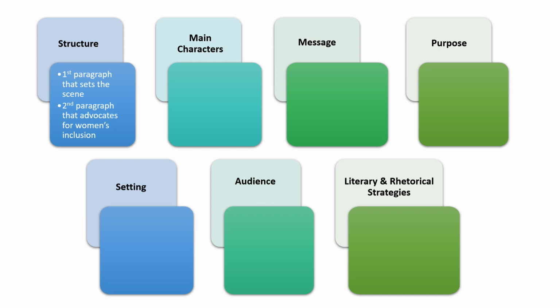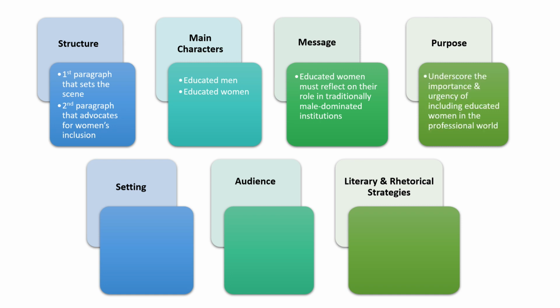Our main characters are educated men and educated women who occupy different roles in society due to norms and traditions. The message of this passage is that educated women must reflect on their role in traditionally male-dominated institutions. The purpose is to underscore the importance and urgency of including educated women in the professional world.